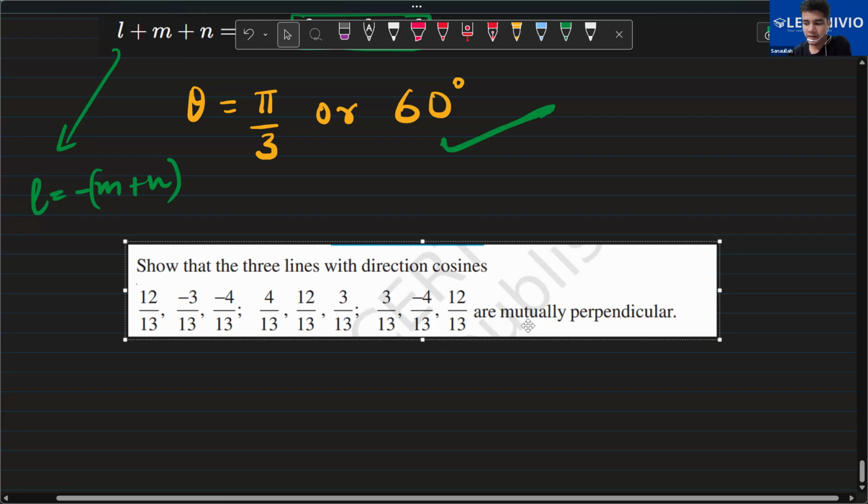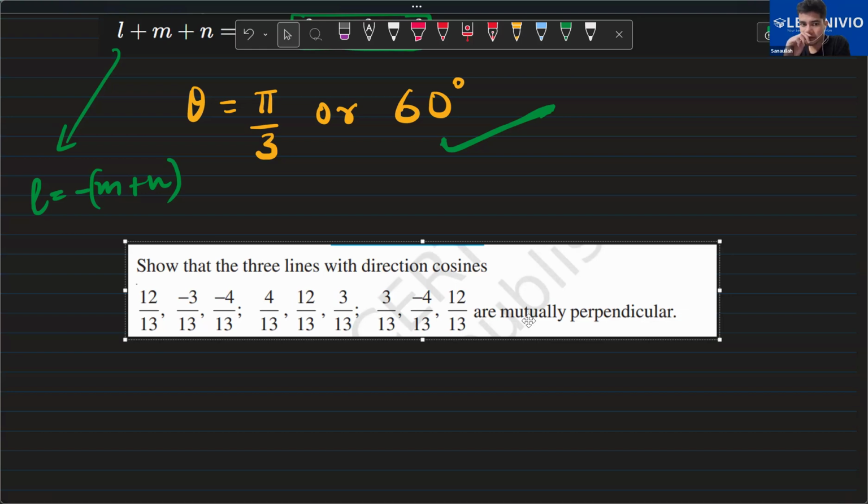When we have lines in a pair, or more than two lines. If I have only two lines, I can say that both lines are perpendicular. But if I have more than two lines, and they are perpendicular to each other, like A is perpendicular to B and B is perpendicular to C, and C is also perpendicular to A, in that case I will say that they are mutually perpendicular.